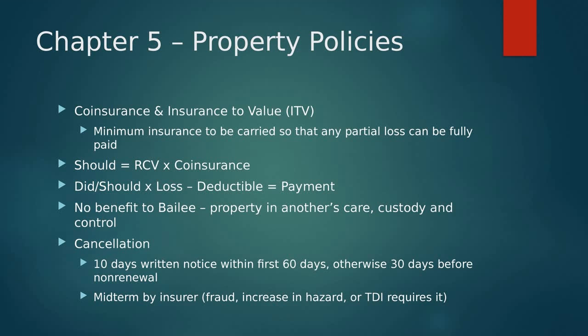This allows owners to cover less than the replacement cost value, but it puts a line in the sand: if you don't have the proper amount of insurance as determined by the coinsurance for the property, you will suffer a penalty on any partial losses on that property.